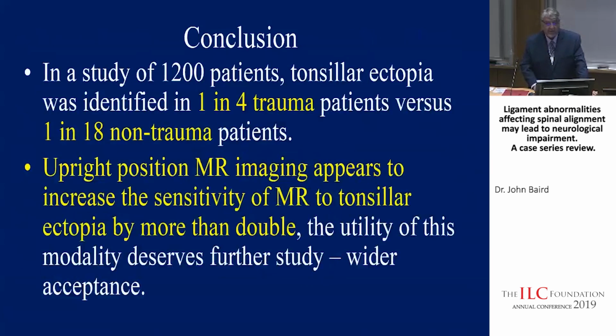So in the study of 1,200 patients, tonsillar ectopia was identified in 1 in 4 trauma patients versus 1 in 18 non-trauma patients. Upright position MRI imaging appears to increase the sensitivity of MRI to tonsillar ectopia by more than double. The utility of this modality deserves further study and wider acceptance.